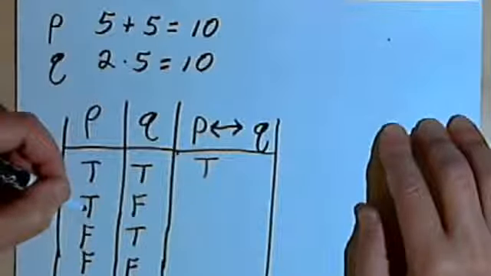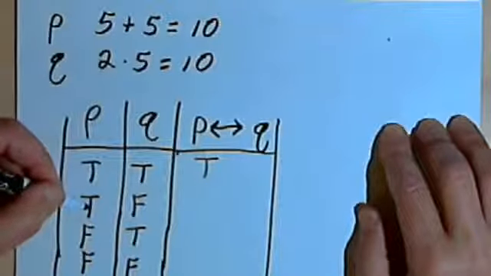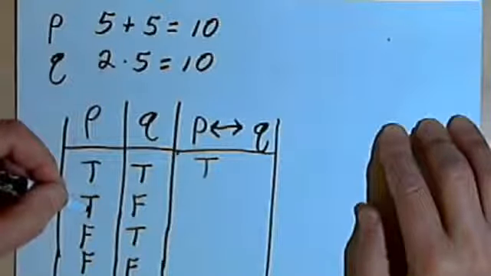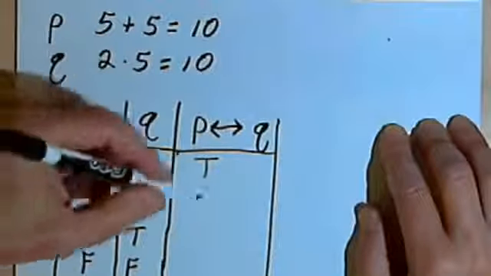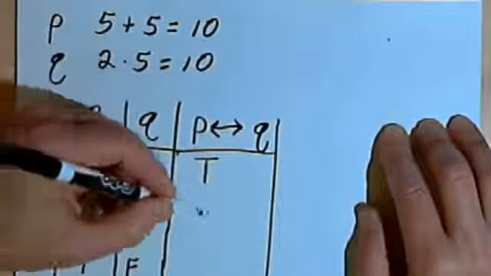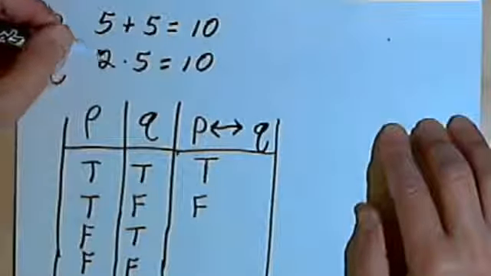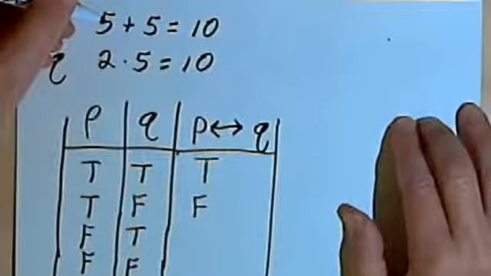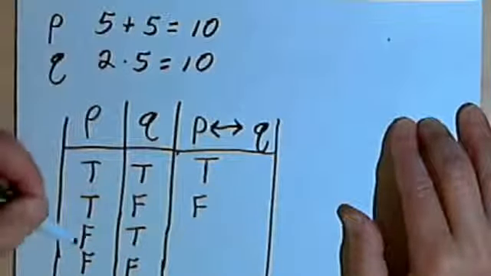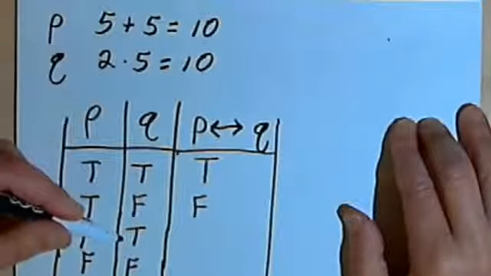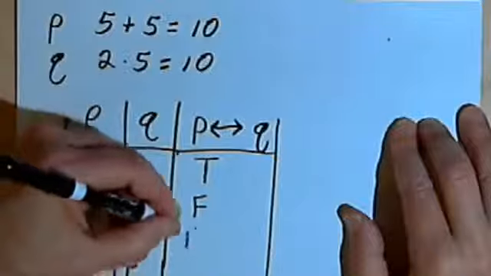Now, when I have one statement true and the other false, so in other words, I know that 5 plus 5 equals 10, but it turns out that 2 times 5 does not equal 10, well, that's not going to meet my expectations. So that's false. In the same way, if I find out that 5 plus 5 does not equal 10, but 2 times 5 does equal 10, then I'm going to have a false.